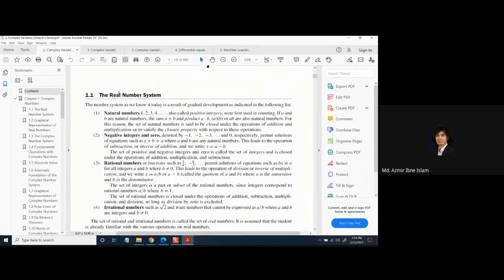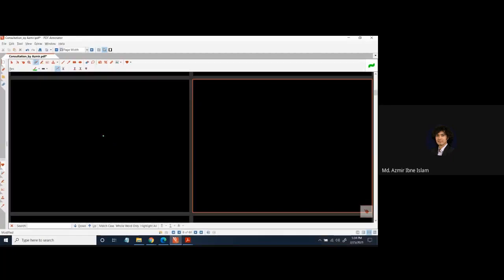So first of all, have a look on chapter 1 here. You already know what is the real number system. So real number is the largest one. That means we know about natural number set, integer number set. We know about rational and irrational number. And finally, including all these things, we have the real number system. And this is the notation for real number set. So natural number is a subset of integer number. Integer number is a subset of real number. That means real number set seems to be the largest one.